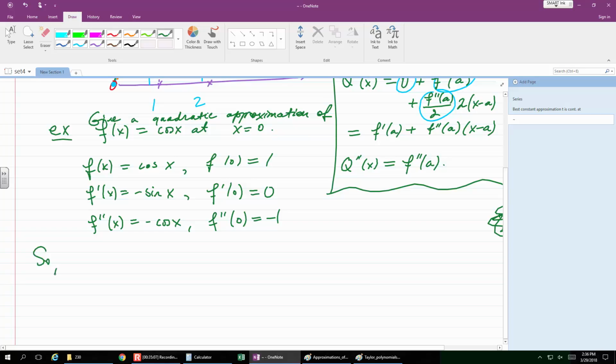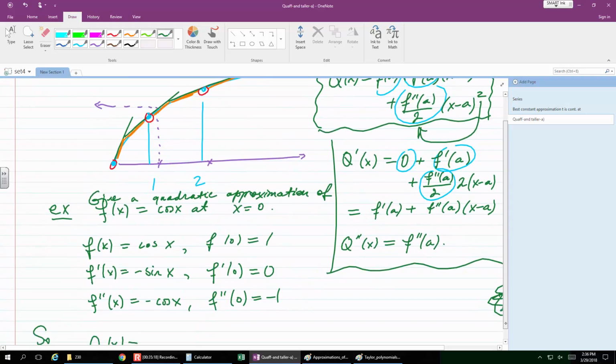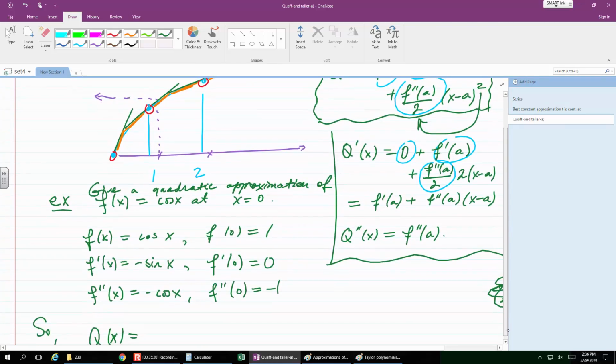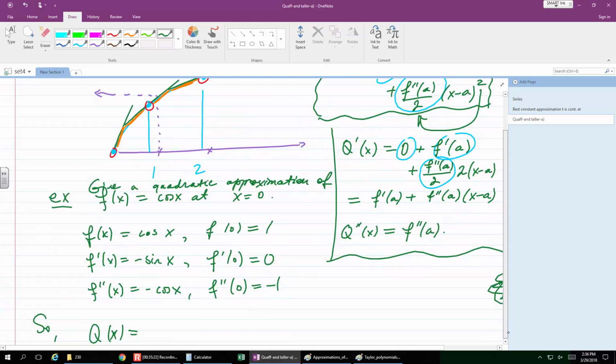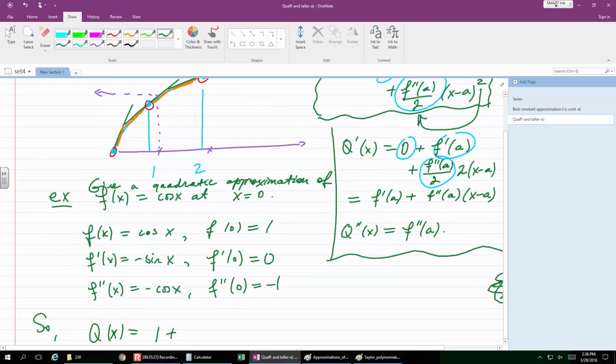So the best quadratic approximation, Q(x), is, okay, so this is the formula on the right. Not this one, but at the top over here. So f of a, which is 1, plus the first derivative, which is 0.